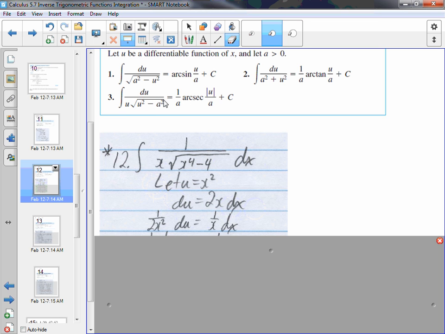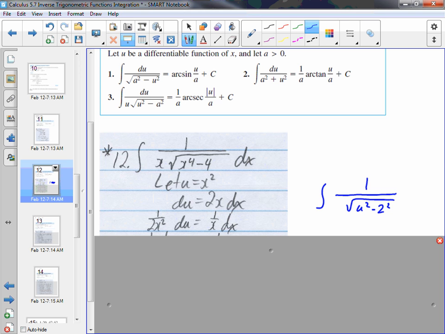All right, don't write this down yet. Let's try to make the substitution. So that'd be the integral of, all right, I'll go ahead and put a 1 up there. Under my square root sign, that x to the 4th can be u squared minus 2 squared. The 1 over x dx gets replaced with that. That's no good.